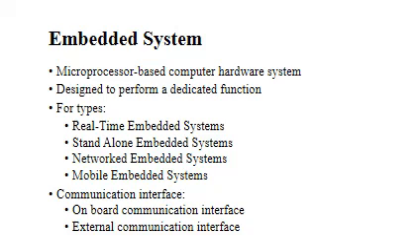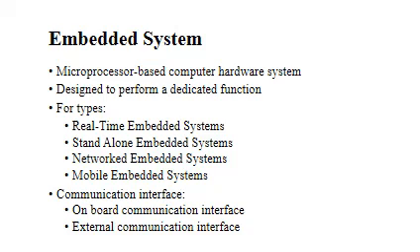For an embedded product, the communication interface can be viewed from two different perspectives. The first one is the device or board level communication interface, which we can call the onboard communication interface, and the other is the product level communication interface, which we can call the external communication interface.